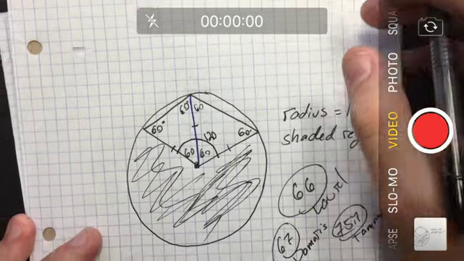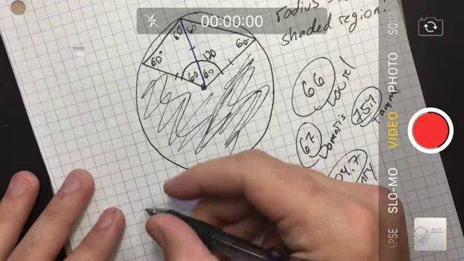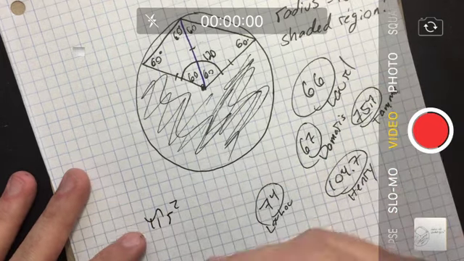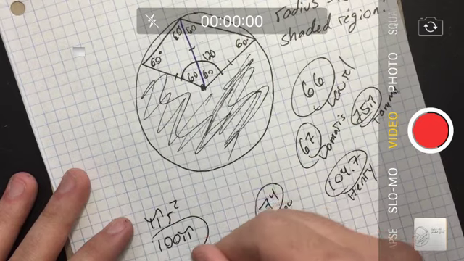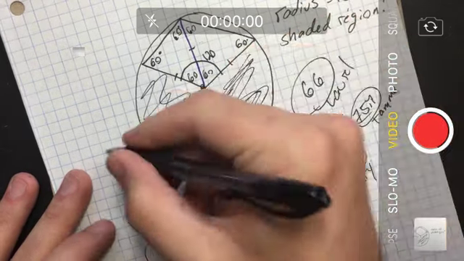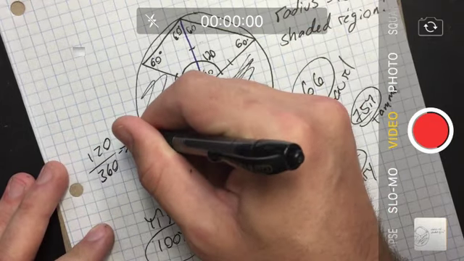So we need to find the area of the whole circle first, and that's pi r squared. R is 10, and 10 squared is 100. So the area of the whole thing is 100 pi. Now, this area right here is 120 degrees out of our 360, and this reduces to 1/3.